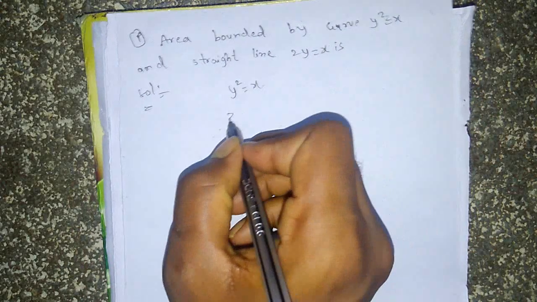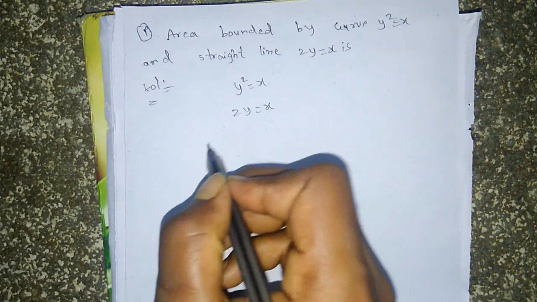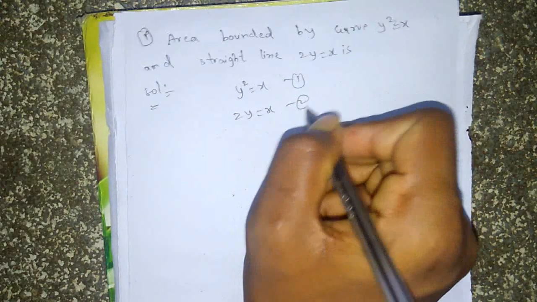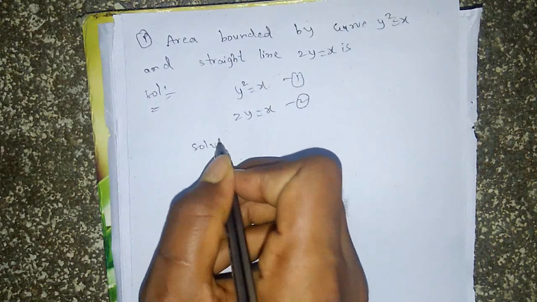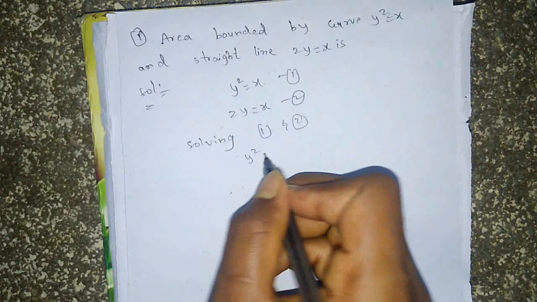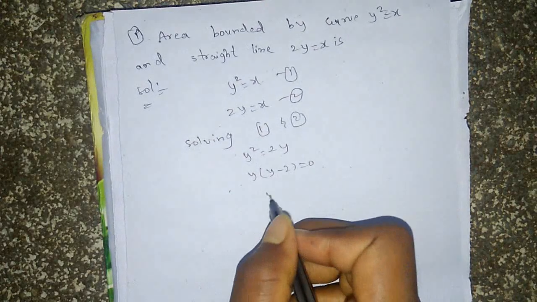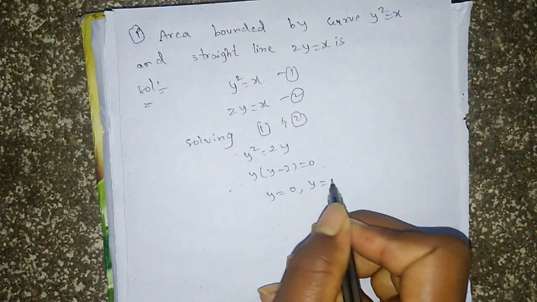Here given y square is equal to x, 2y is equal to x. First solve these two. Solving 1 and 2, y square is equal to 2y, y into y minus 2 is equal to 0, y is equal to 0, y is equal to 2.